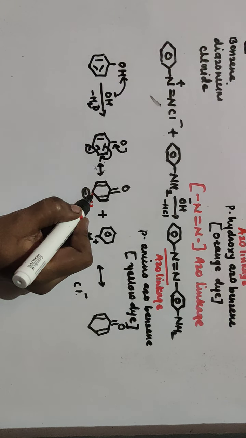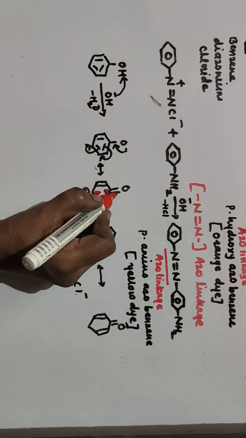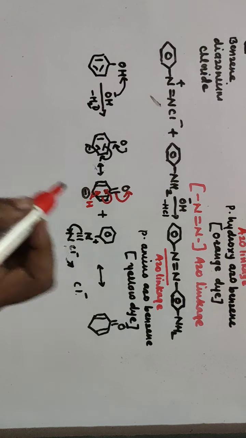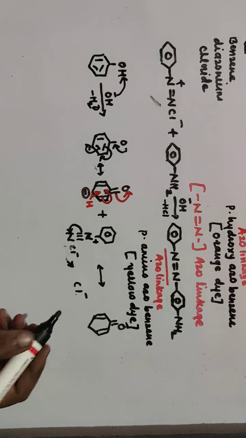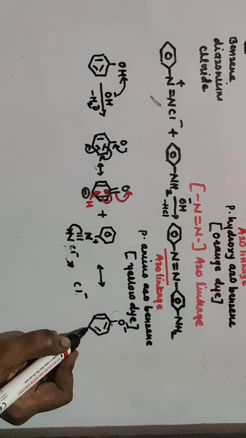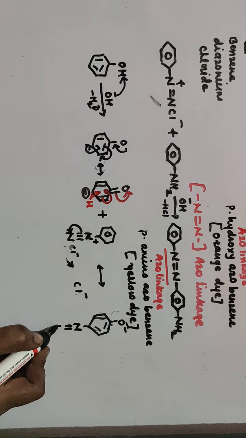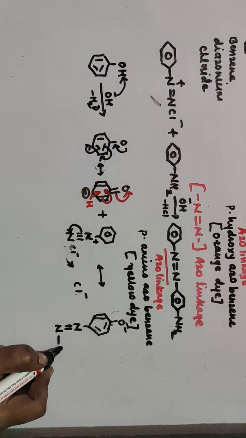Now these electrons are shared between this and this carbon atom, so again the pi bonded electrons get shifted towards the next C, so the oxygen atom again takes both the electrons of this double bond, and here you will get a new compound in which the oxygen carries negative charge. Here there is a formation of double bond, here a double bond is there, then N double bond N and this C6H5.